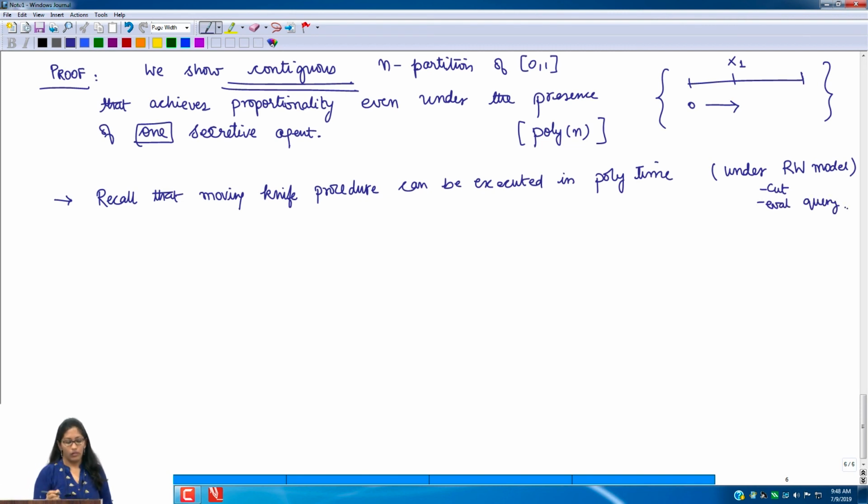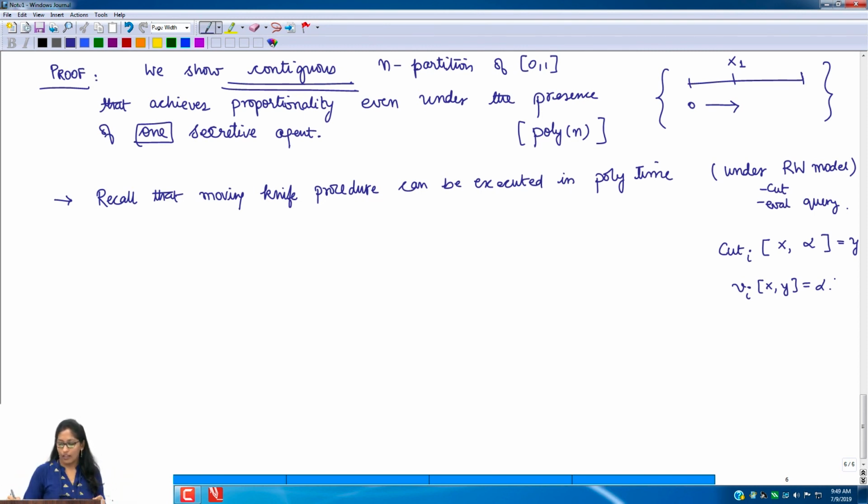Just to recall, how did we define the cut query? It was defined like this: we ask this query to some particular agent, starting from a particular x, give me a cut y such that your valuation for x to y would be alpha times, let's say I'm considering the whole cake right now.